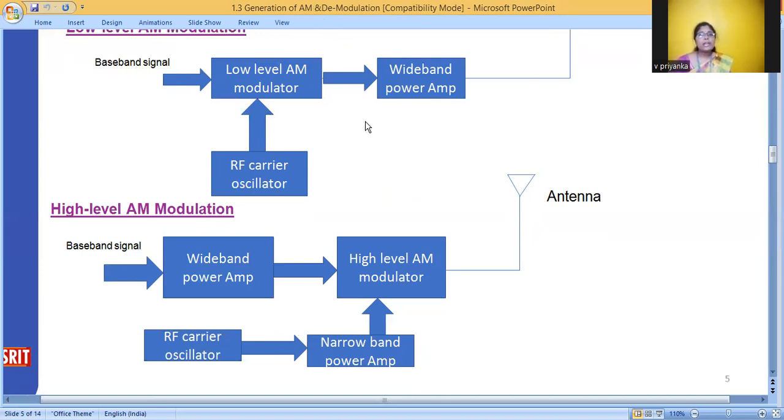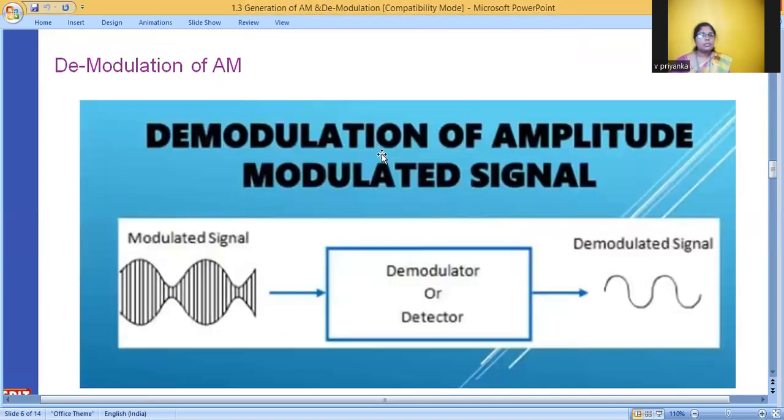Then the output of the high level amplitude modulator is given to the antenna. In this slide we are explaining low level and high level amplitude modulation.